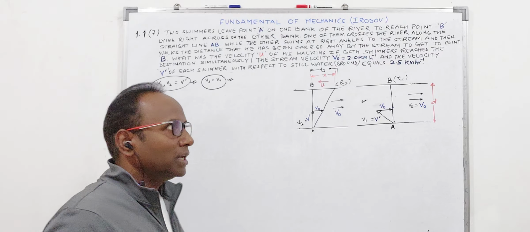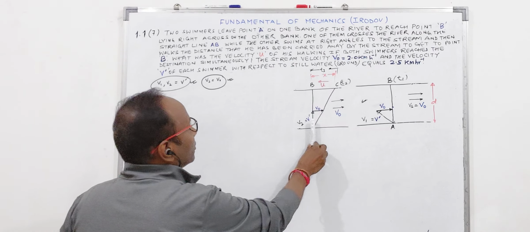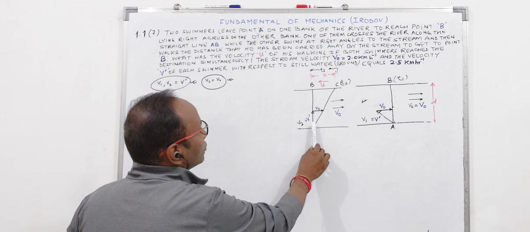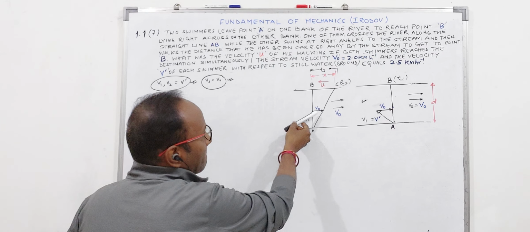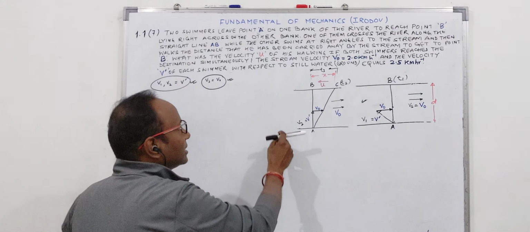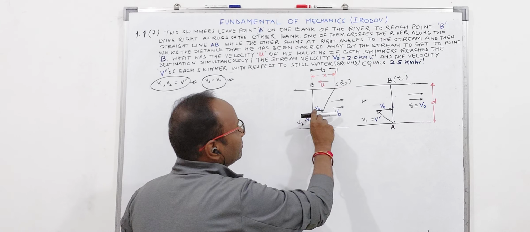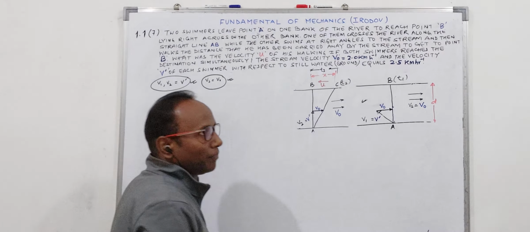The second swimmer has started swimming straight from A to B, but the stream velocity has carried him away and drifted him to C when he reaches the other side of the bank.